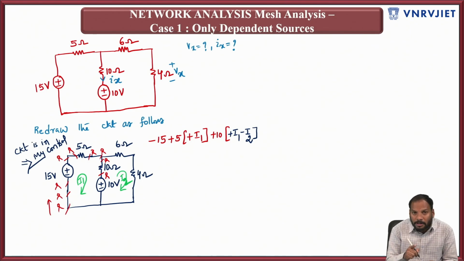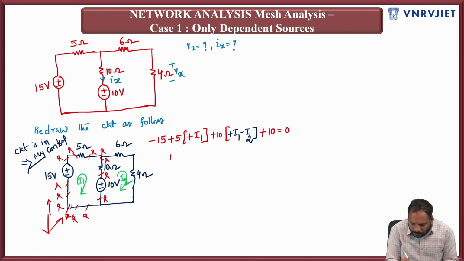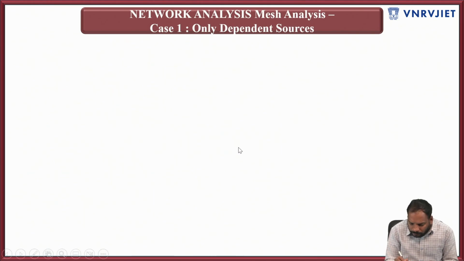You are touching the positive terminal first, so immediately you need to take plus 10 volts. Very important. Then you have crossed the battery. There is no drop across the conductor because it is an equipotential body. So you come back to the original position, and this is exactly equal to 0. Rearranging the terms, this is 10I1 plus 5I1, so 15I1 minus 10I2 is equal to 5.